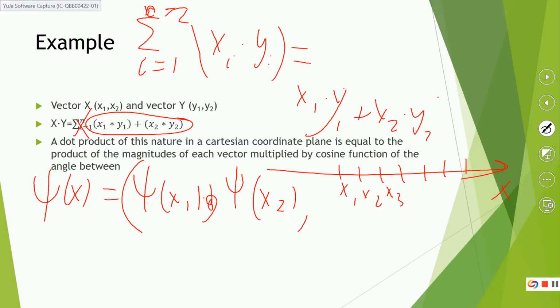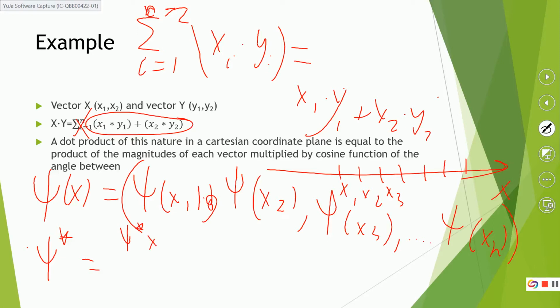Originally we were listing only two values, but if we are representing a wave function numerically, psi of x3, and then psi of x_n, n very big, infinity, right? And the psi star will be the same things, but psi star of x1, psi star of x2, and so forth.